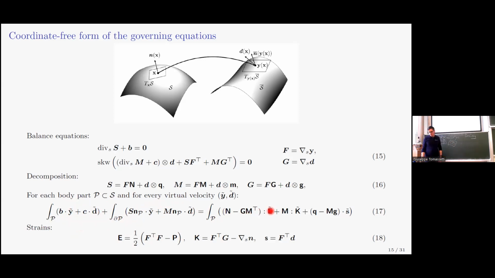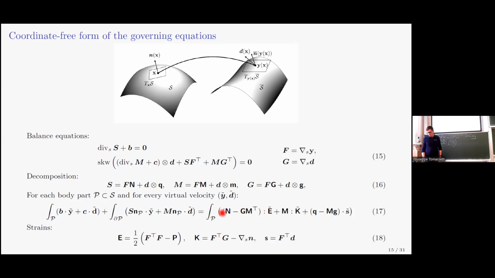And the interesting part comes here, because after some work, you can write down the internal power in this form. So you have three terms which measure the power expended over stretching, bending, and shearing.